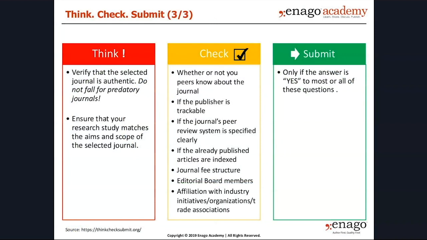So Think, Check, Submit asks you, first of all, to think whether a journal could be a predatory journal, and then check on various criteria to see whether you feel that it is of high quality enough and will offer you a good enough service and get your articles read by the right community of readers. So offering you a value that you need.